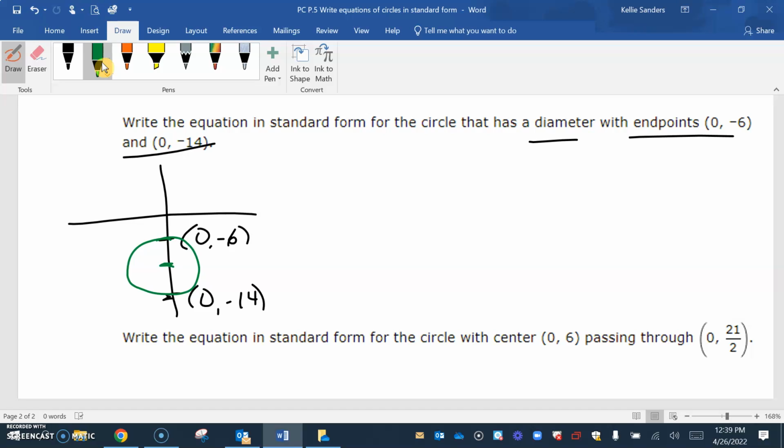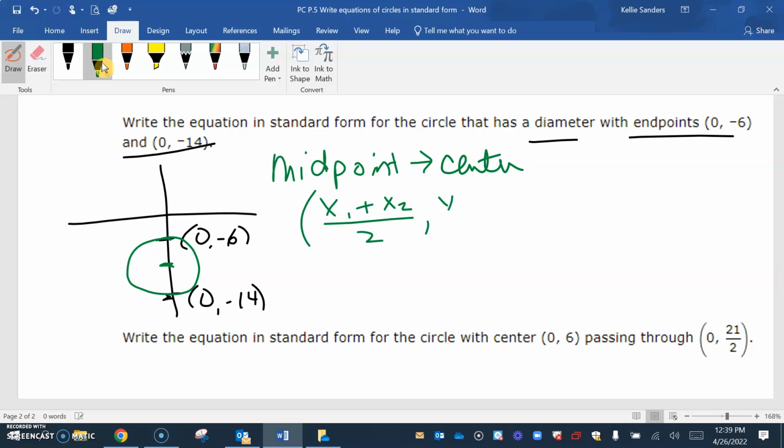And if you don't know this, the middle between -6 and -14, we can do the midpoint to find the center. And midpoint is (x1 plus x2) over 2, (y1 plus y2) over 2.